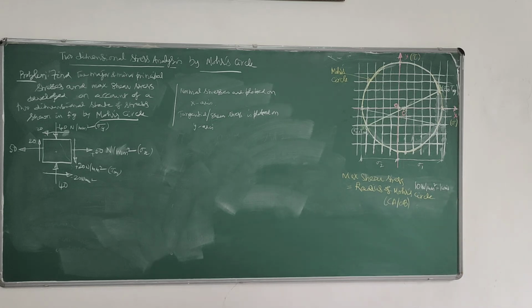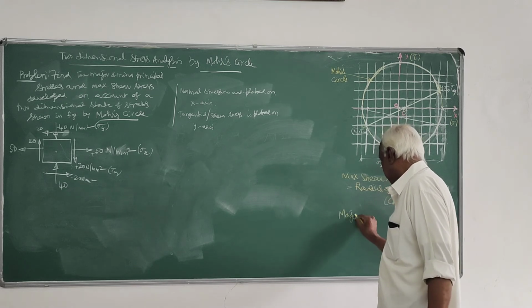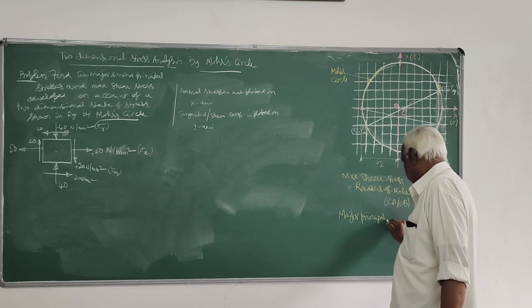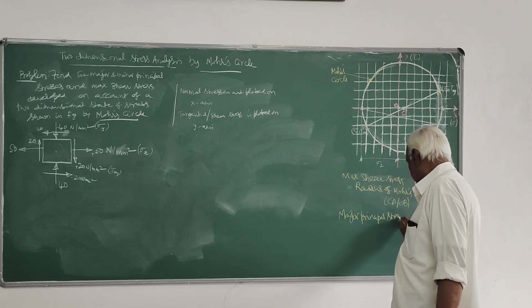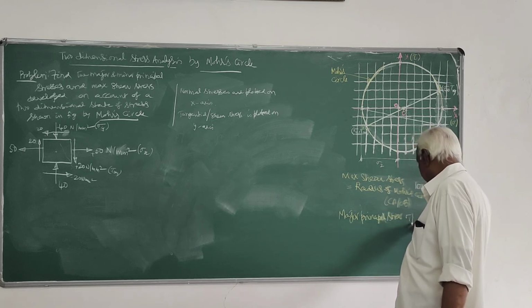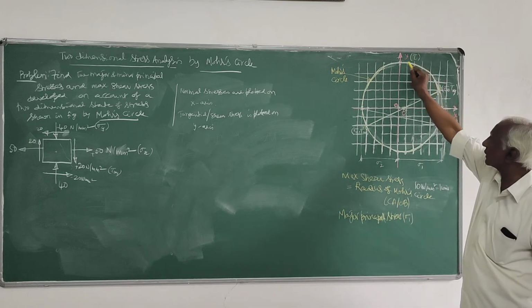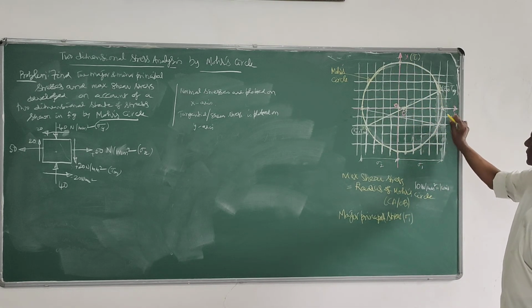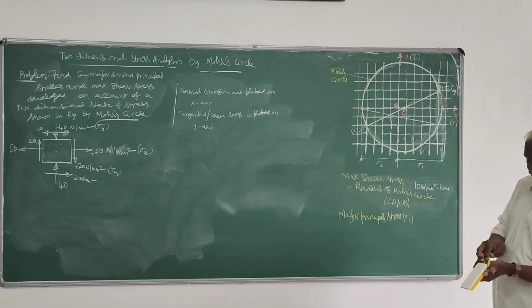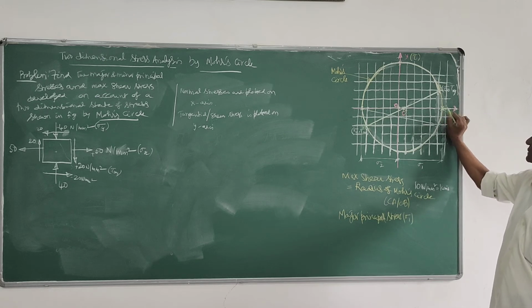And to find the major principal stress sigma 1, you see where this Mohr circle cuts the sigma axis.